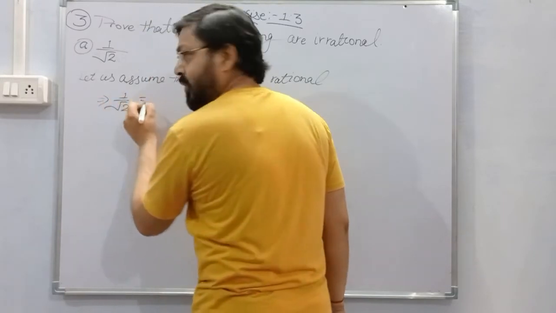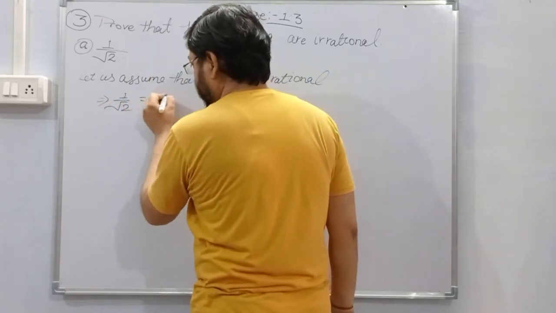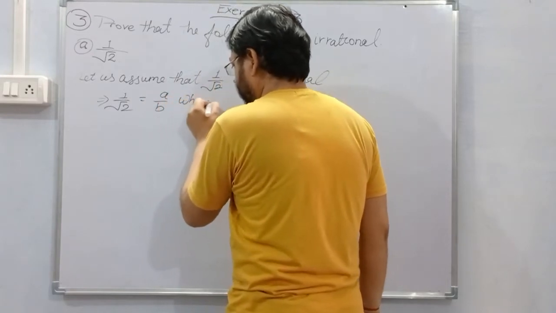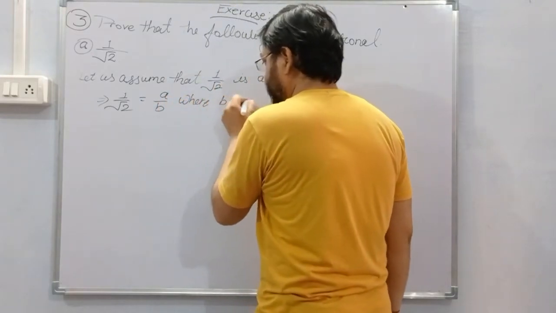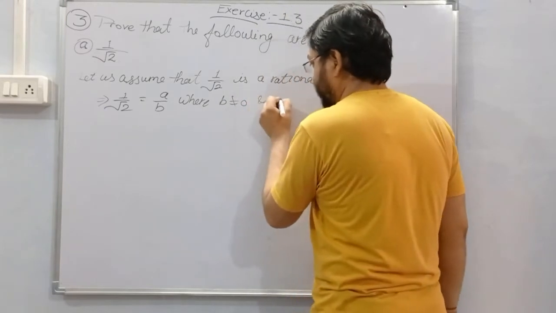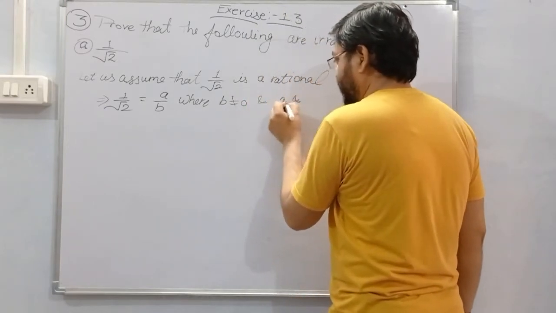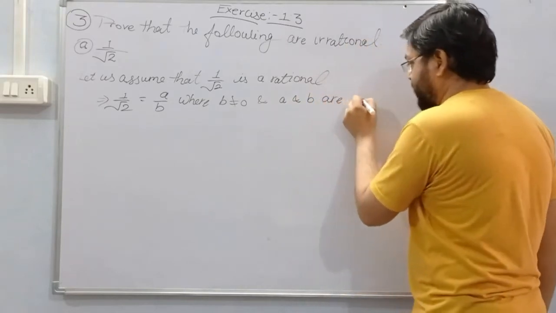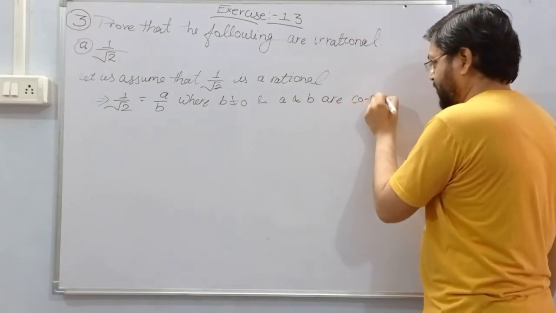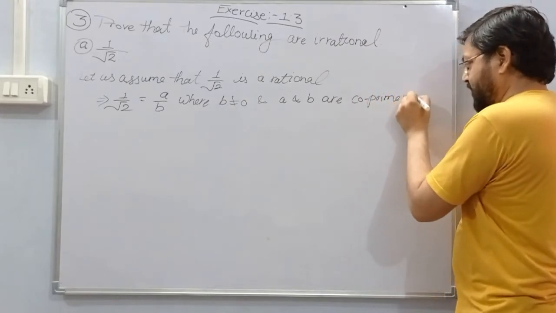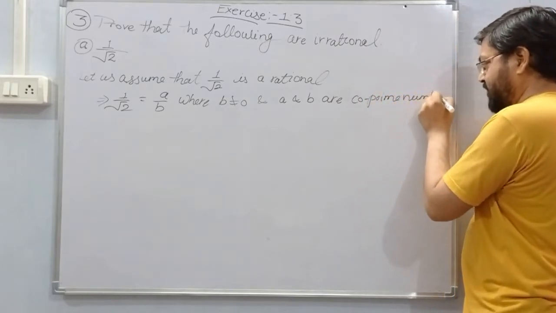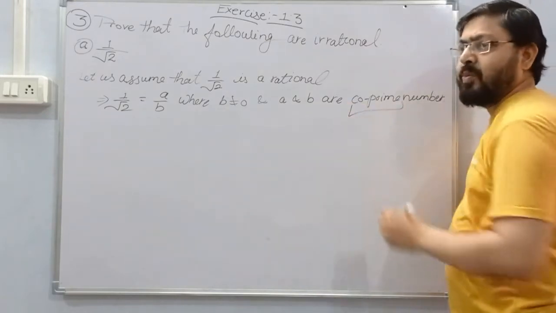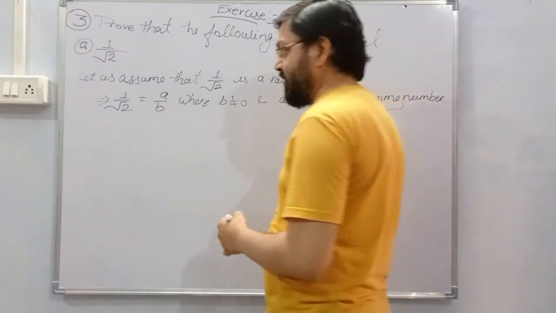Then 1 upon root 2 is equal to a upon b, where b is not equal to 0 and a and b are co-prime numbers. You are very much familiar with this name, co-prime numbers, meaning HCF is equal to 1.